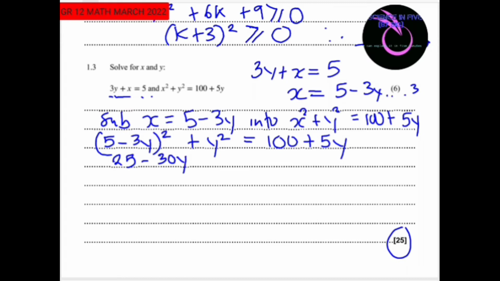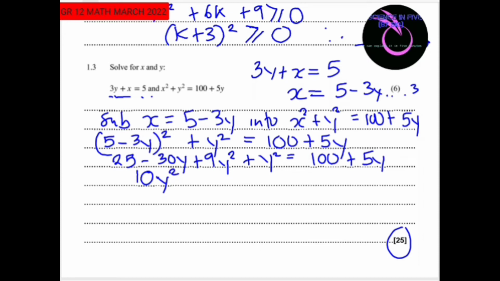Negative 3y times negative 3y, a positive 9y squared, plus another y squared, equal to 100 plus 5y. Again, don't lose the sum, follow the sum. Once we've got an exponent greater than 1, or the highest exponent, we want to write that first. 9y squared plus y squared becomes 10y squared.